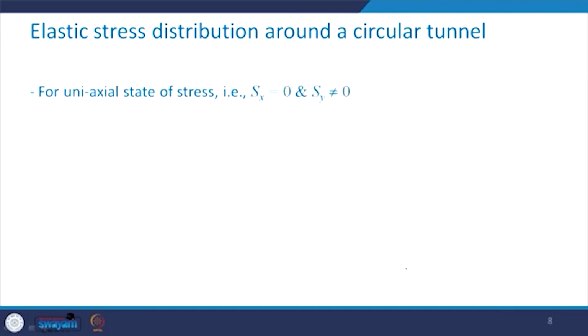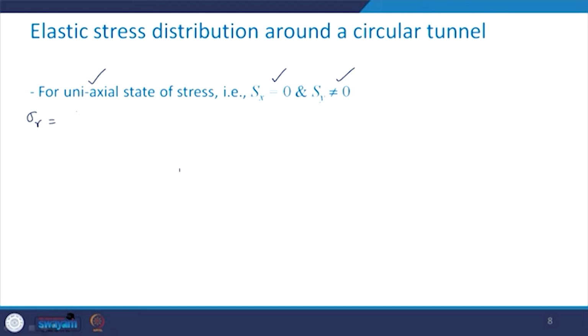Now, let us take another state of stress, which is the uniaxial state of stress, in which case I will have Sx equal to 0, that means the applied stresses in the x direction are 0 and in y direction they have a finite value. So, in such a situation what will happen to sigma r?